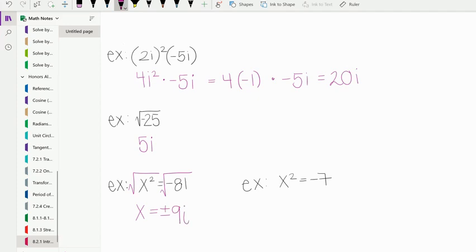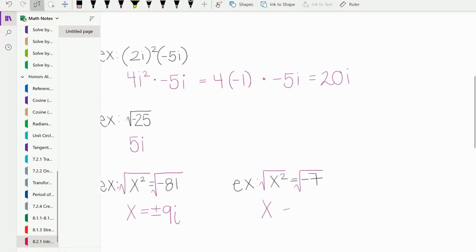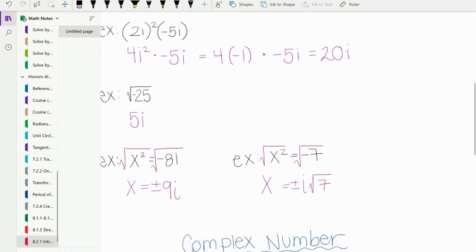Now this one, we would square root both sides. If I were to solve just x squared equals 7, it would be x equals plus or minus root 7. But in this case, we have the i, and it is preferable that you put the i in front as opposed to writing the square root of 7i, because that almost looks like the i is underneath the square root, which would be wrong. So definitely put it in the front.